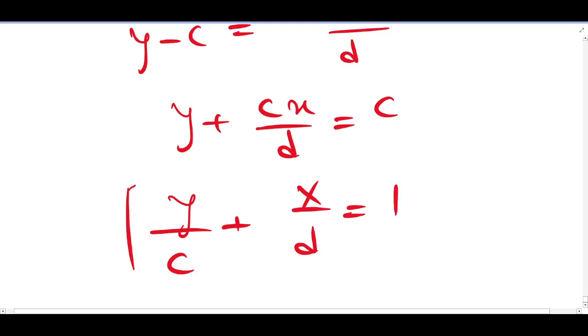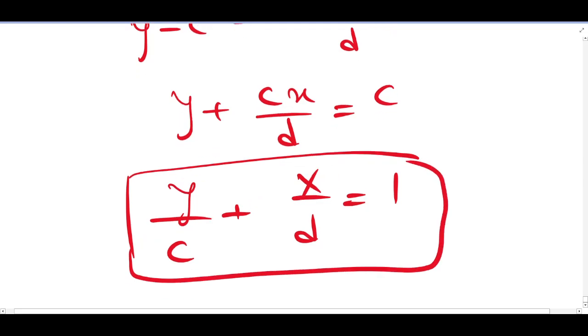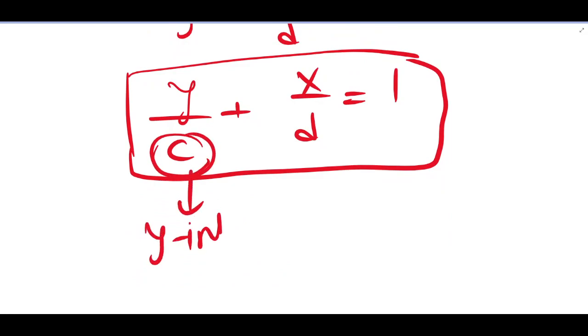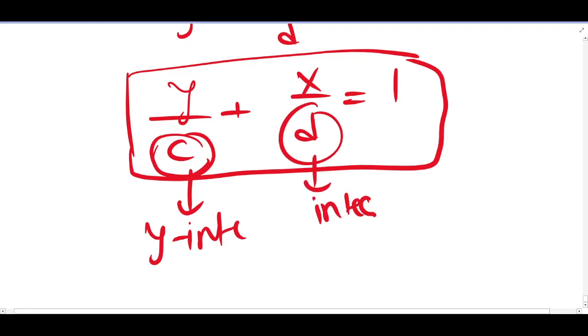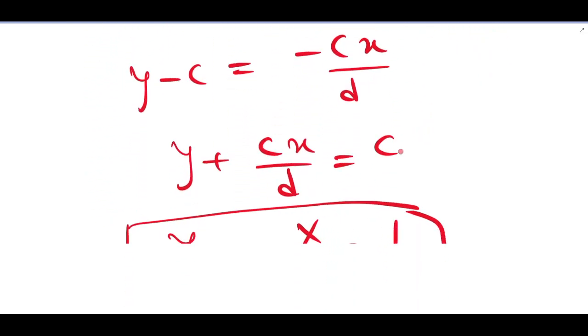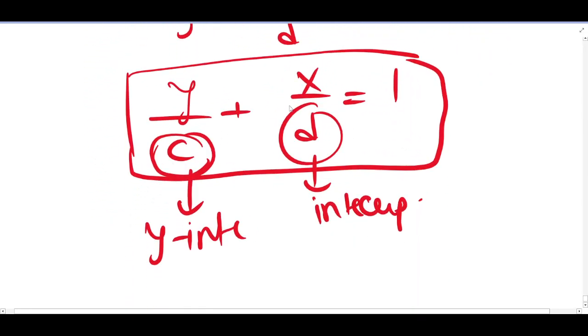This is the intercept form, where c is the y-intercept and d is the x-intercept. If we equate the slope with the second form, y upon (x minus d), we get the same equation, y by c plus x by d, where c is the y-intercept and d is the x-intercept.